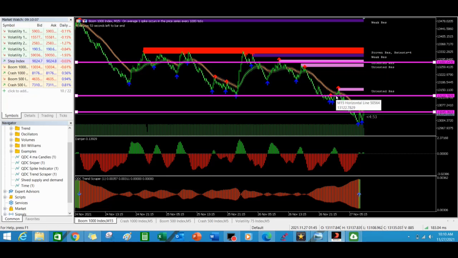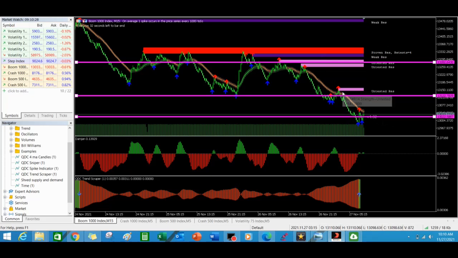Your stop loss should follow the direction of your current price action, not your stop loss moving upward above your price. So as your price is going down, your stop loss should follow it, most especially for Boom.